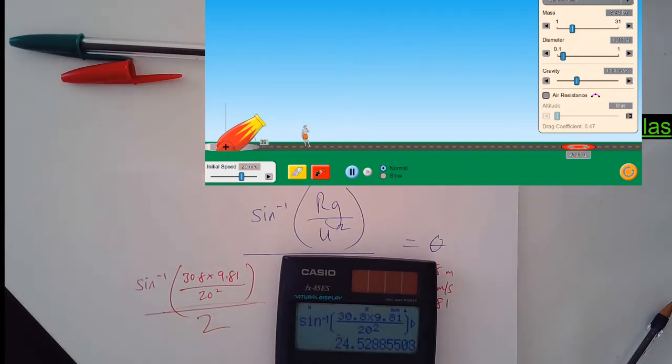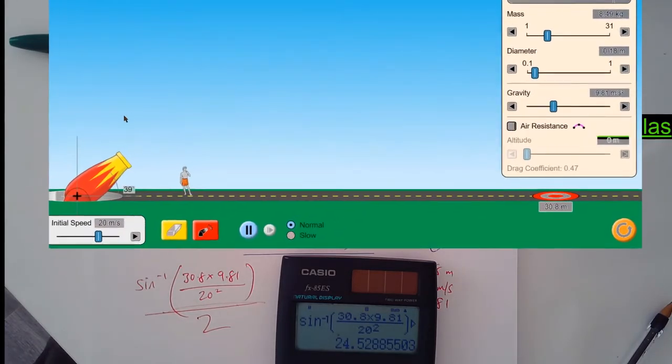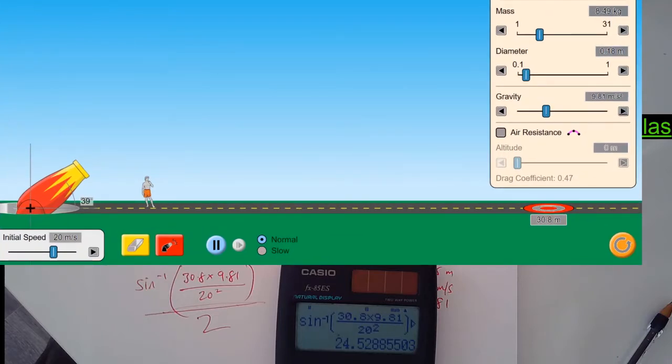Oh, shall I use 24 or 25? Let's have a go. Let's try this now. 24. Try 24. I can't go in between 24 and 25. I'll keep it as 25 then, see what happens. I'll probably just go a little bit further. We'll see. Right, fire.